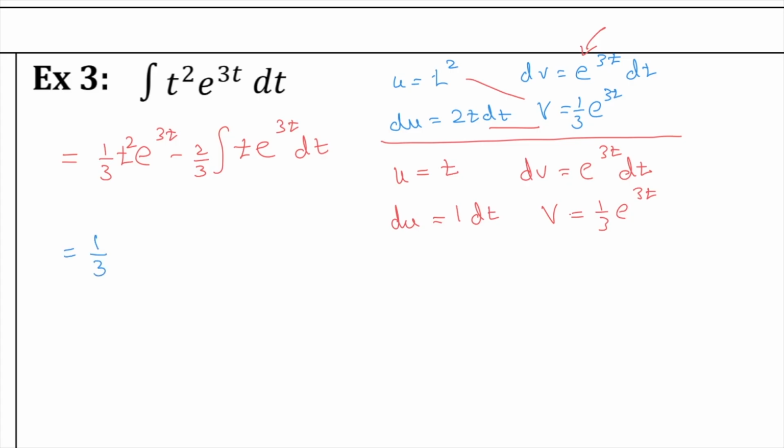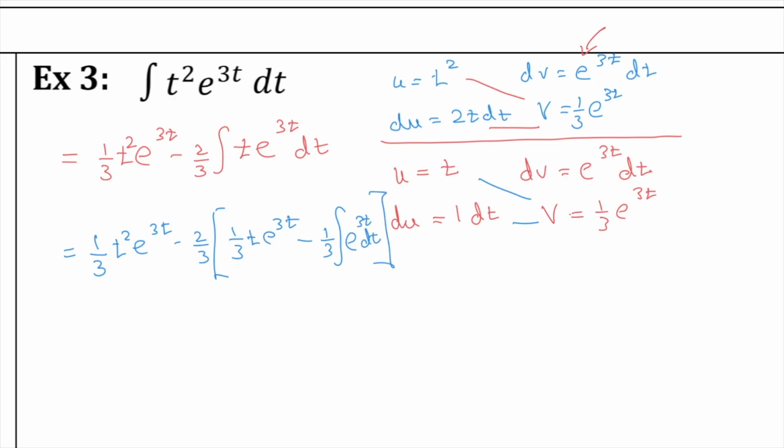So we keep our first term, 1/3 t squared e to the 3t minus 2/3, and then we will rewrite this problem as 1/3 t e to the 3t when we multiply u times v minus our integral of v du, which will be 1/3 the integral e to the 3t dt.